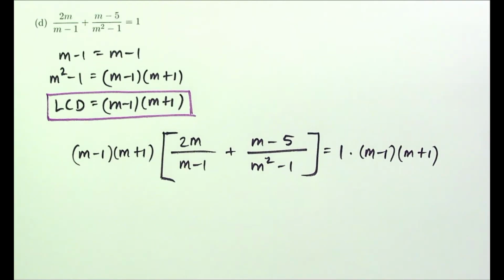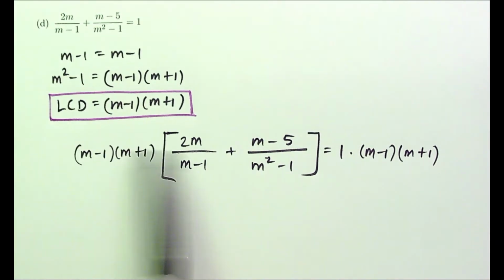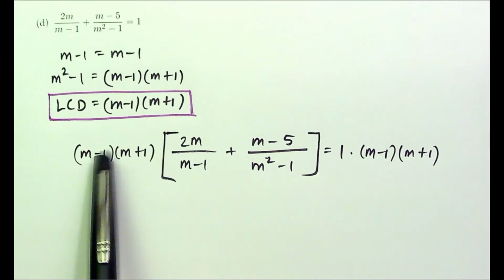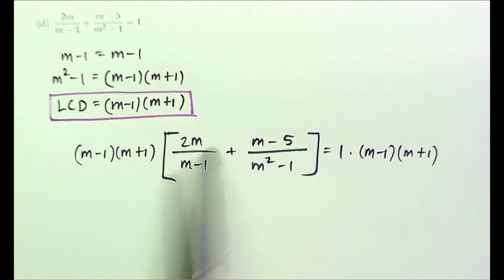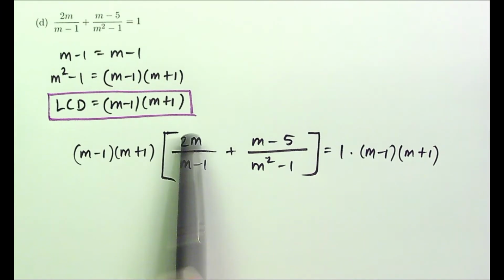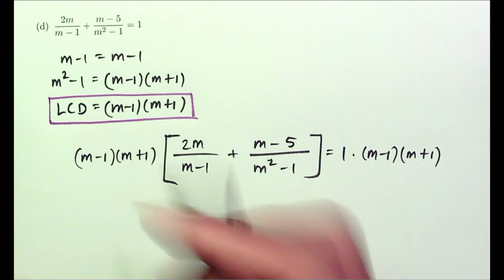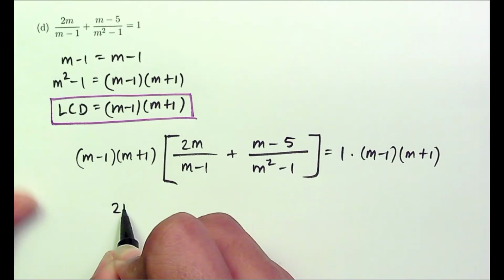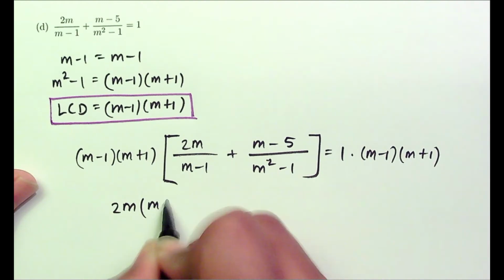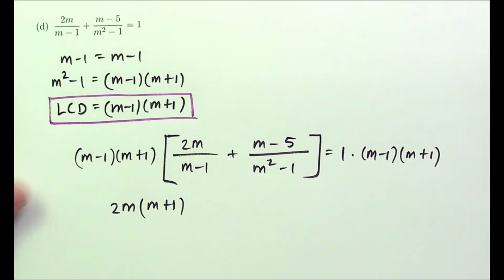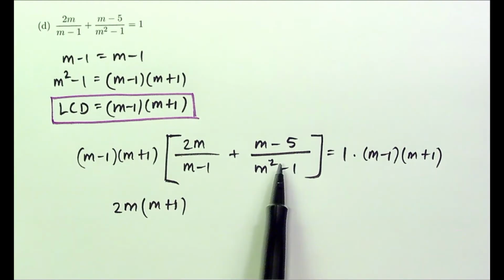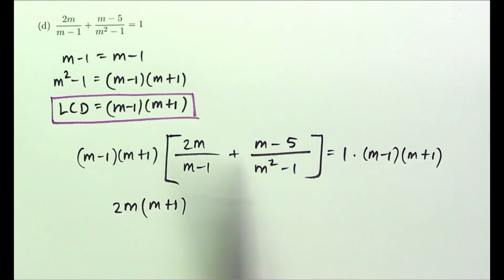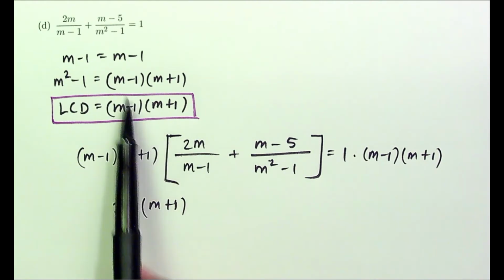Now we're going to distribute. So imagine when you distribute that, you multiply this by that, the m minus 1 would cancel. M minus 1 goes, and you're left with the m plus 1 and the 2m. Okay? And then when you distribute that with that, remember that the bottom is actually m minus 1, m plus 1.